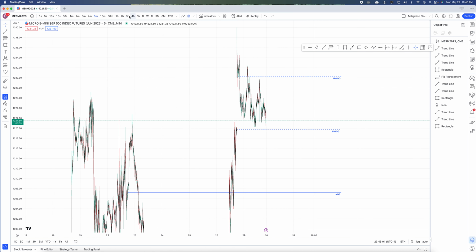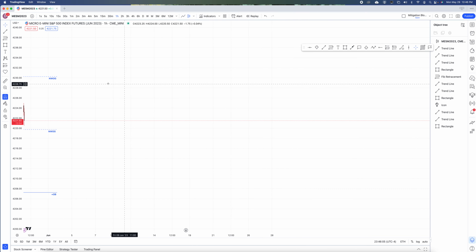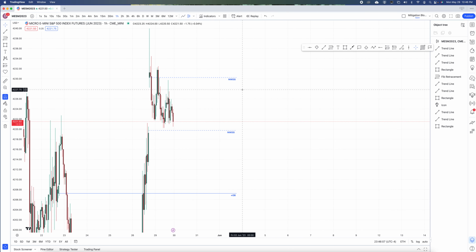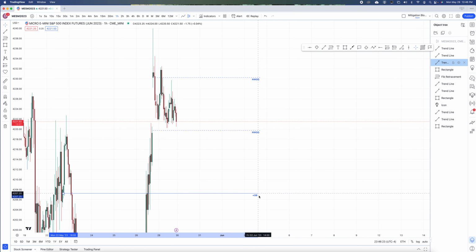Should be Friday. I go back to the hourly chart. Make sure we're on Friday at least. No, we're on Thursday. And then over a couple more. Right there to the last hour of trading here. Extend those levels out in time, just like that.